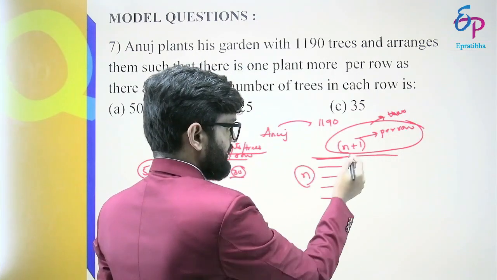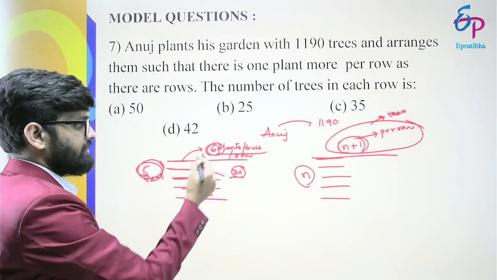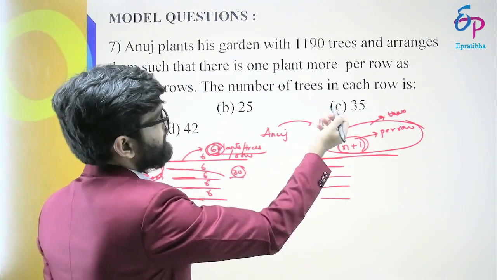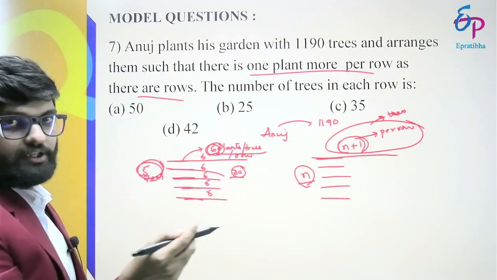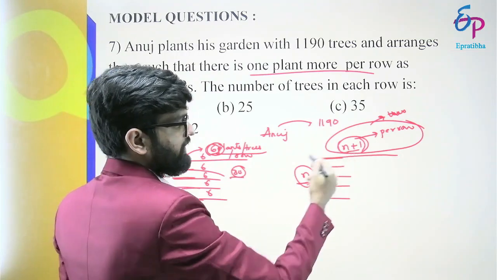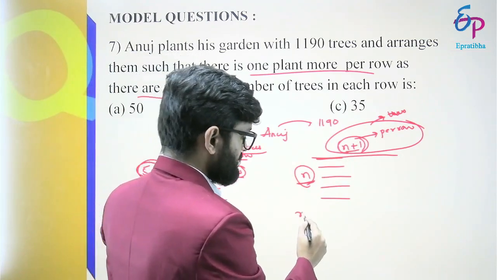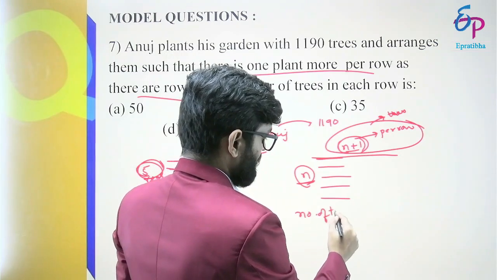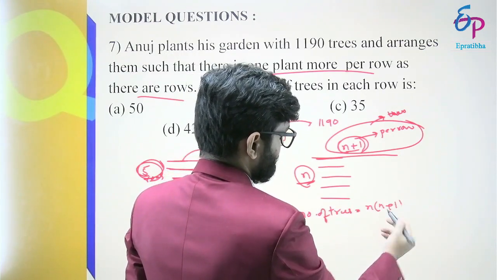It is nothing but n into n plus 1, like we have done here, 5 into 6. If you take n here, there is one plant more per row than the number of rows, right? So if you are taking the number of rows as n, then the number of trees per row will be n plus 1. So the number of trees will be n into n plus 1.